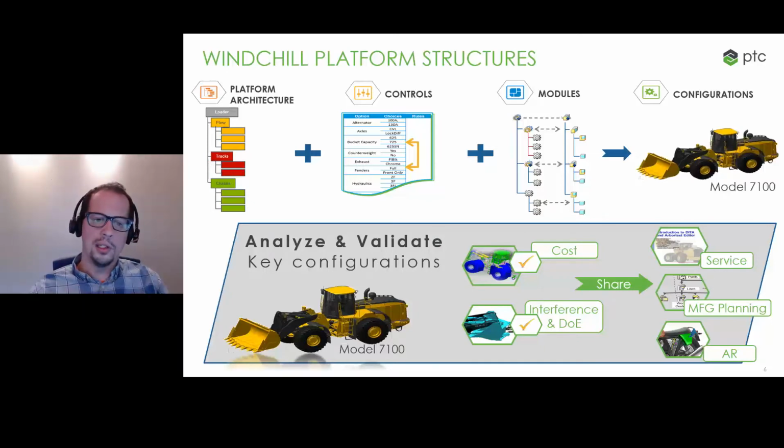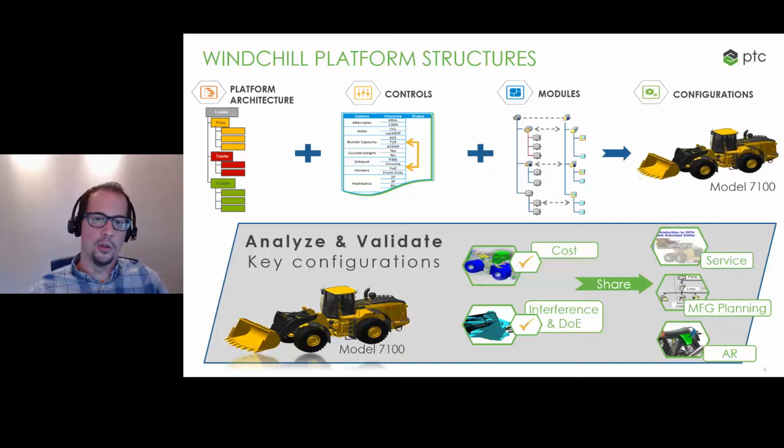And you can use that information to do costing analysis, identify heat maps of where your spend is in a particular product configuration or product family. You can identify interferences where maybe there's a product you want to build, but for whatever reason there are interferences that won't allow you to build that particular product configuration.